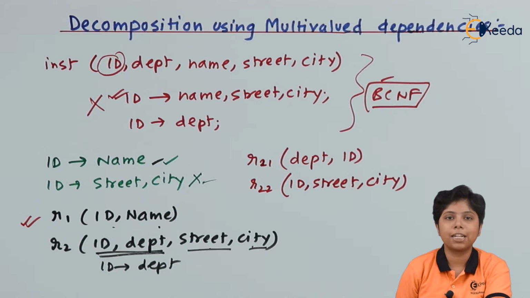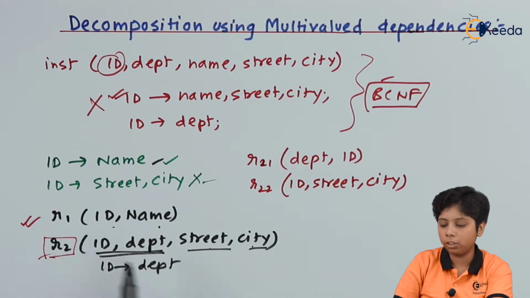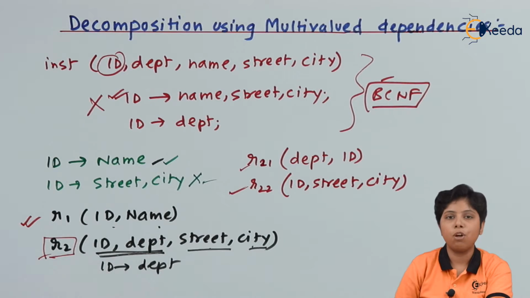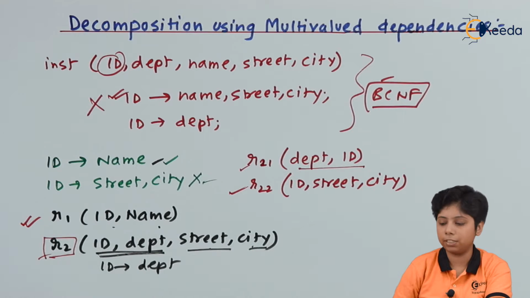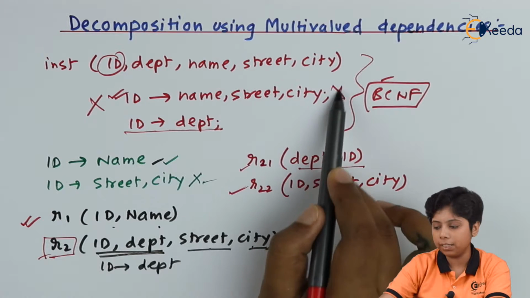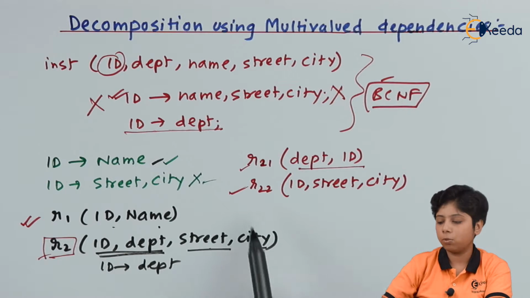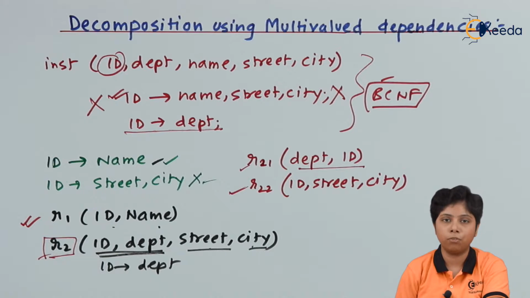Having this as a consideration for our decomposition, I am decomposing R2 into R21 and R22. Why? Because I want to preserve the ID and department, that is ID defines department, but not ID defining name, street and city. So I have decomposed it into another one.